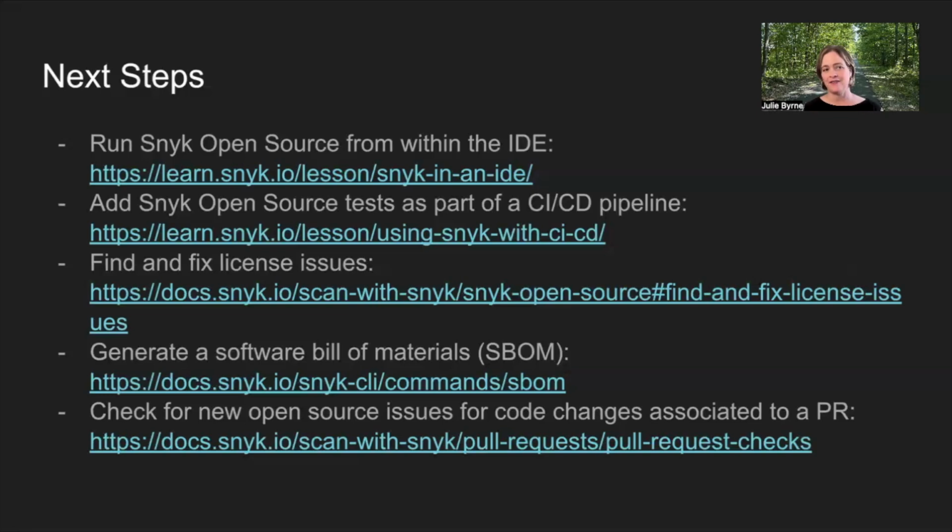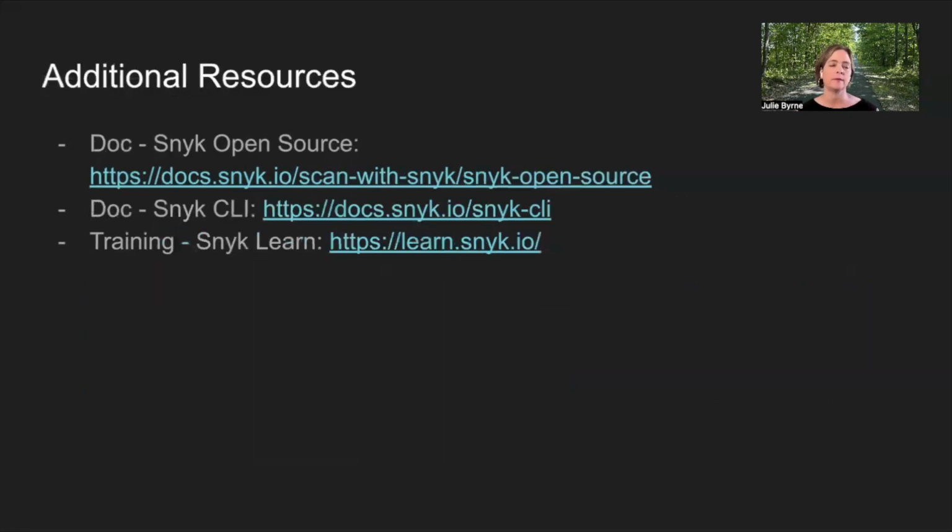And that's going to allow us to have a gating process if we want to ensure that we're not allowing any new vulnerability issues of certain severity, certain scores, whatever the case may be, to make it through to our main branch and into production. So I've added the doc link for that as well. Go ahead and check that out if that's something that's of interest to you.